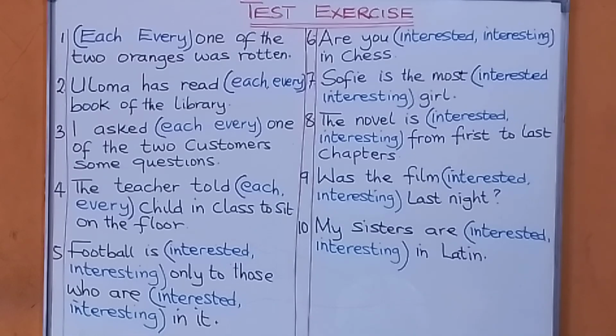Now, as a reminder, remember to get back to the videos for that lesson on each, every, interesting, and interested. But as a reminder, we said each is used for one of two or more things, taken one by one.